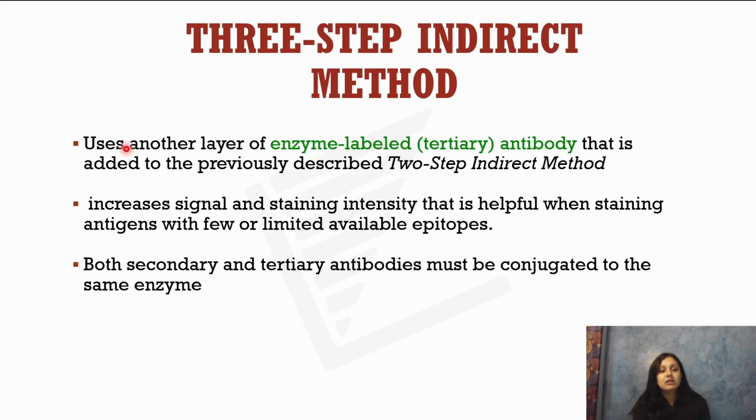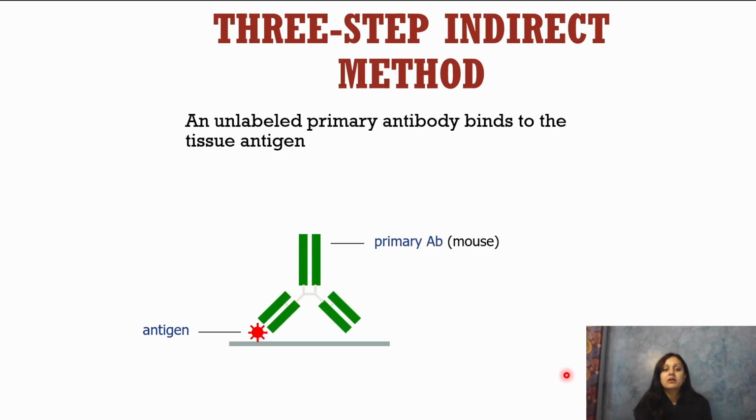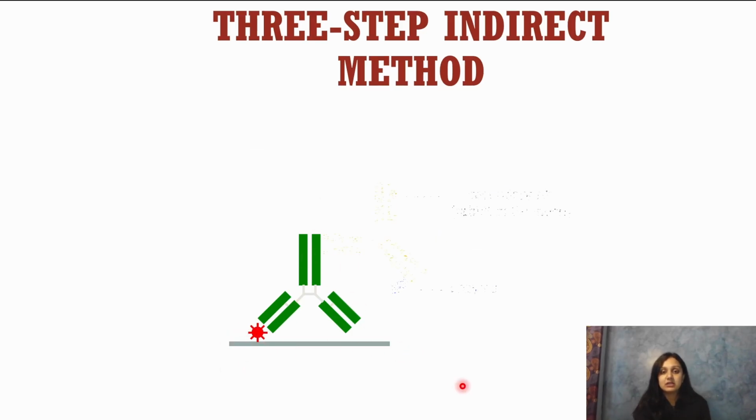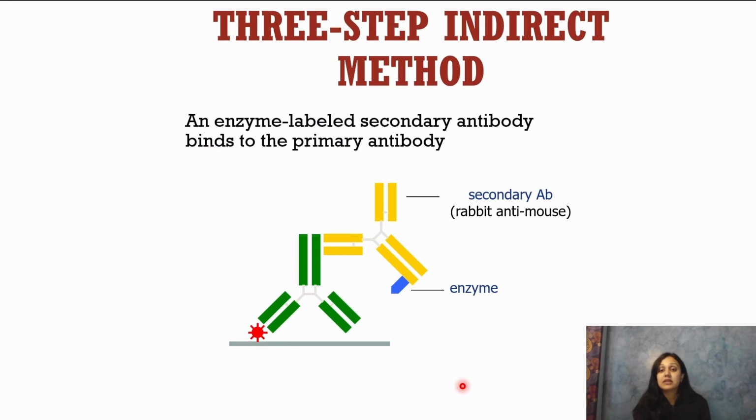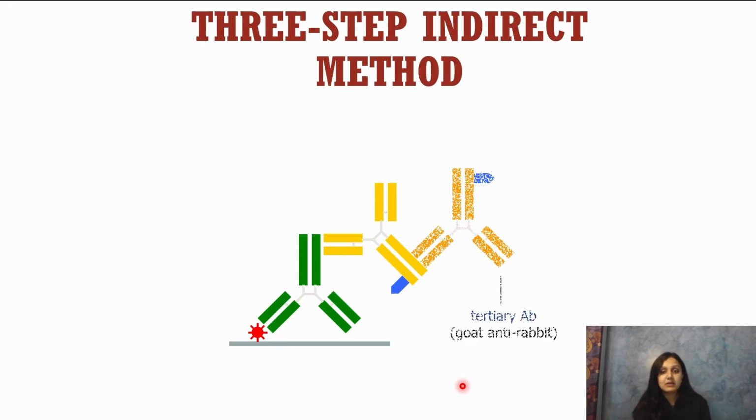So here we use another layer of enzyme-labeled tertiary antibody that is added to the previously described two-step indirect method. Both secondary and tertiary antibodies must be conjugated to the same enzyme for this. For example, this is your tissue, this is the tissue's antigen, and the primary antibody is attached here. After that, we attach the secondary antibody, which is enzyme labeled.